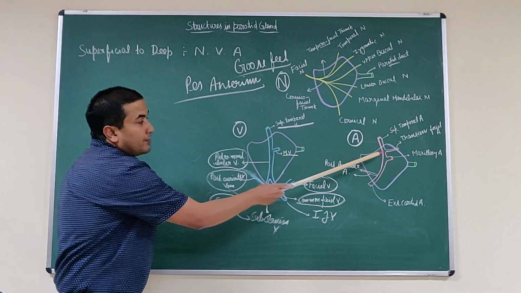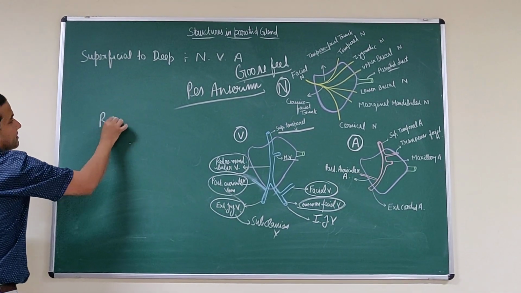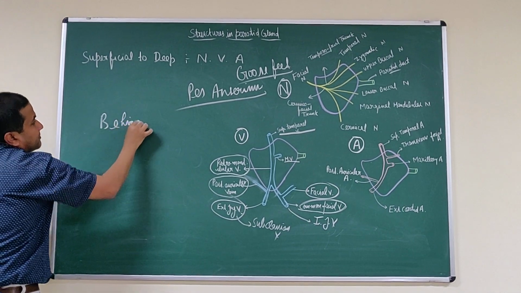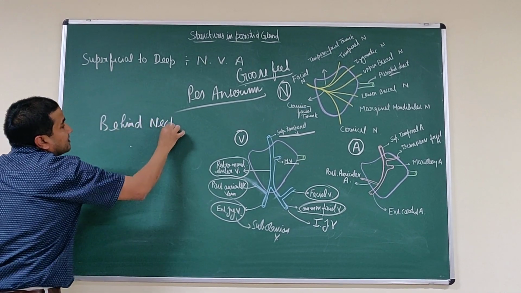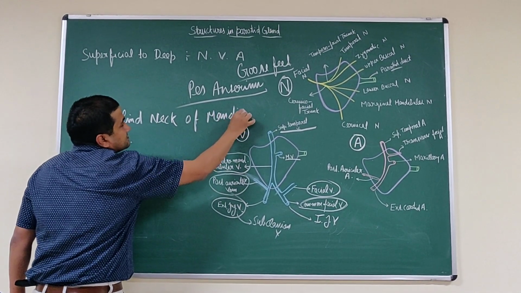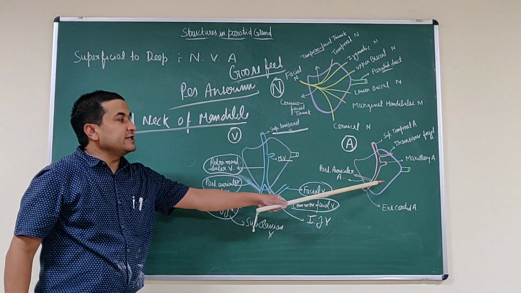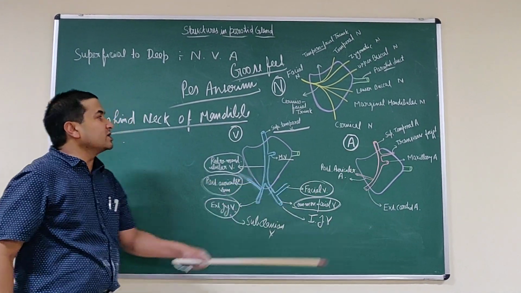Deep to the posterior border, this artery emerges and runs behind the auricle. Now, behind the neck of the mandible, this external carotid artery divides into 2 terminal branches.